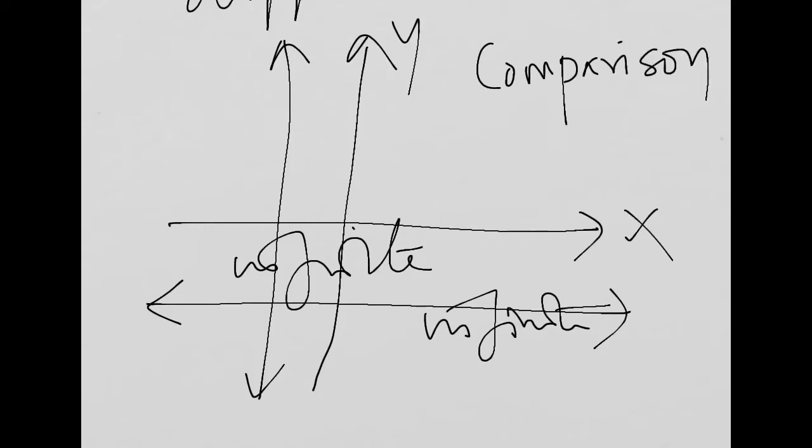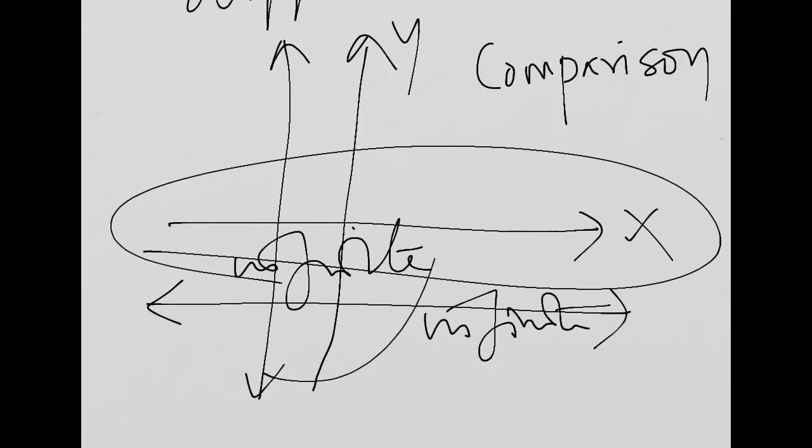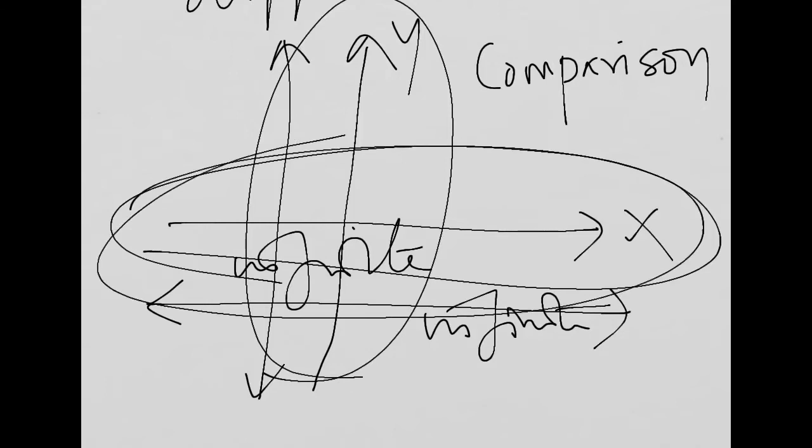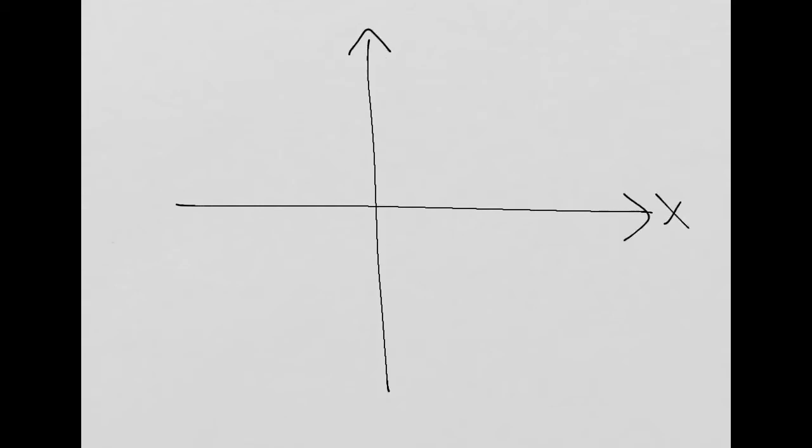So when I want to compare x-axis with y-axis, I would say it is not proper to compare two objects which are infinite. So I'm gonna take an infinitesimally small portion of x, I'm gonna call it as dx.